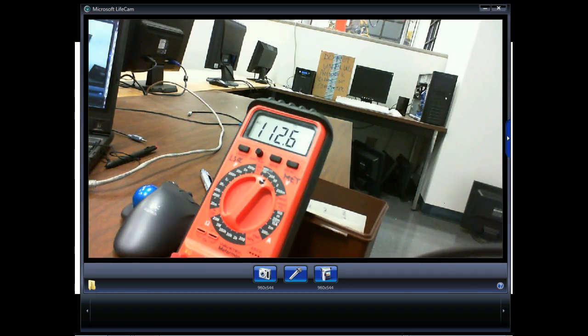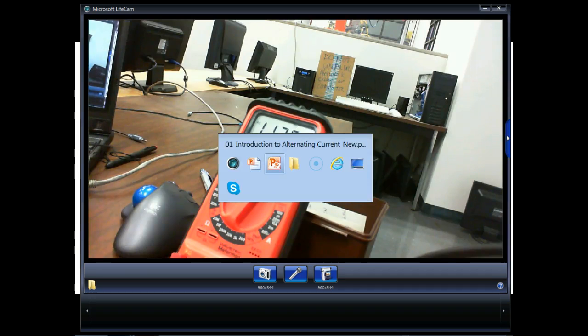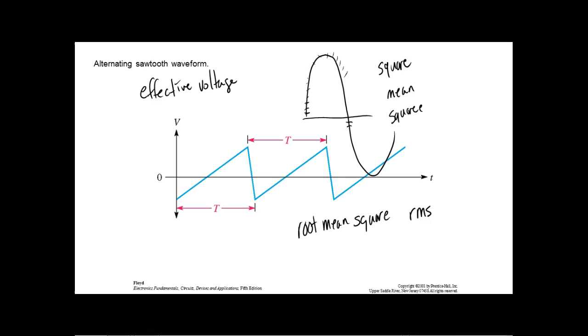Now, if it's a sine wave, then RMS will always be equal to V peak times 0.707. Or roughly, it's actually the reciprocal square root of 2. So 70.7% of V peak.